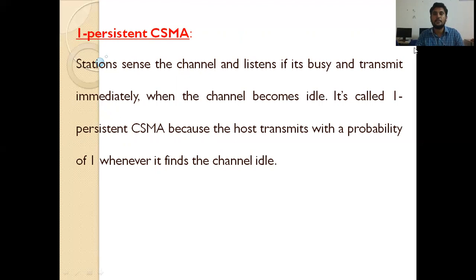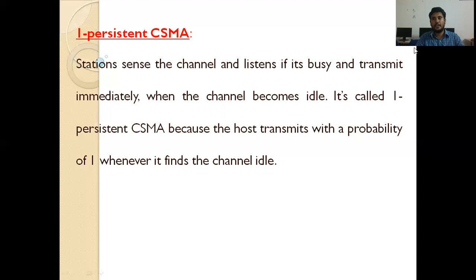It is called I-persistent CSMA because the host transmits with a probability of 1 whenever it finds the channel idle. So it senses the medium, and if the medium is idle, it immediately sends the data packets. The data may be voice, textual or multimedia, whatever it may be; we simply call it a data packet.